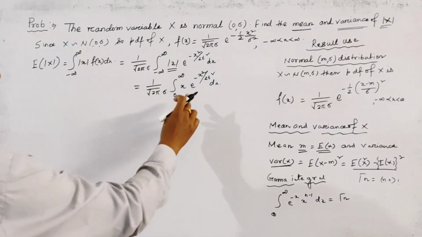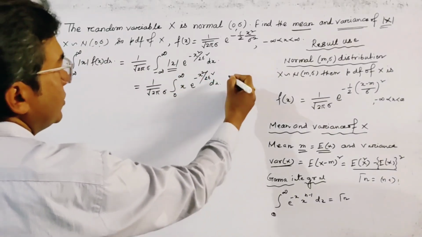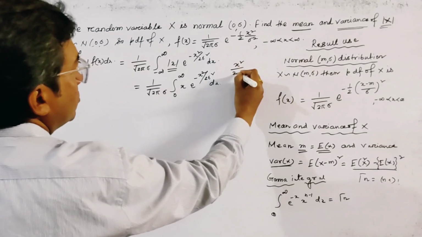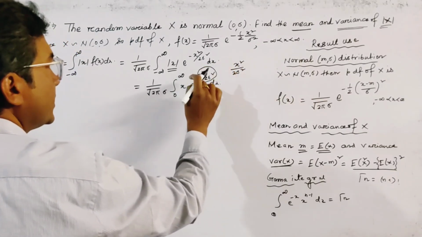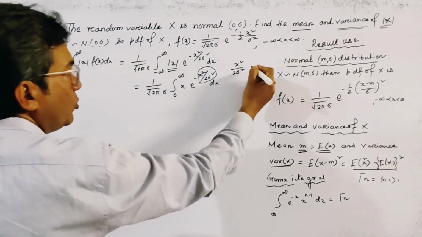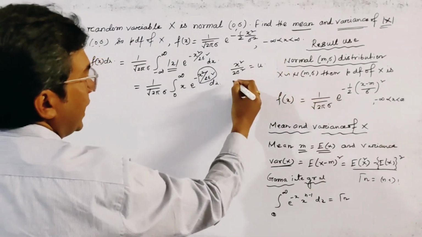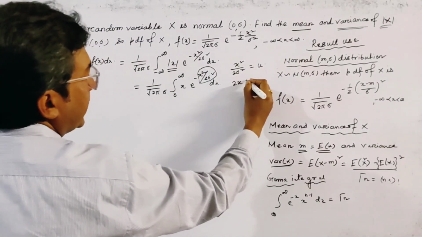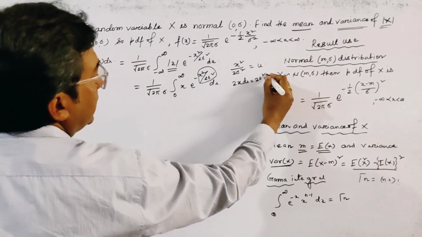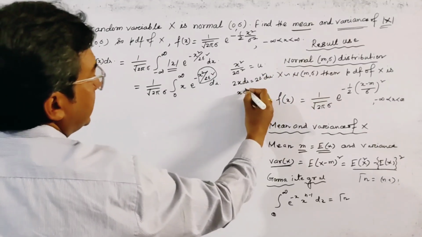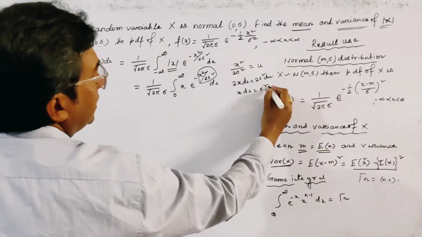Okay, now to integrate this type of integral we put x square by 2 sigma square, that is the total term except the minus, equal to u, and we get 2x dx equal to 2 sigma square du, that is x dx equal to sigma square du.